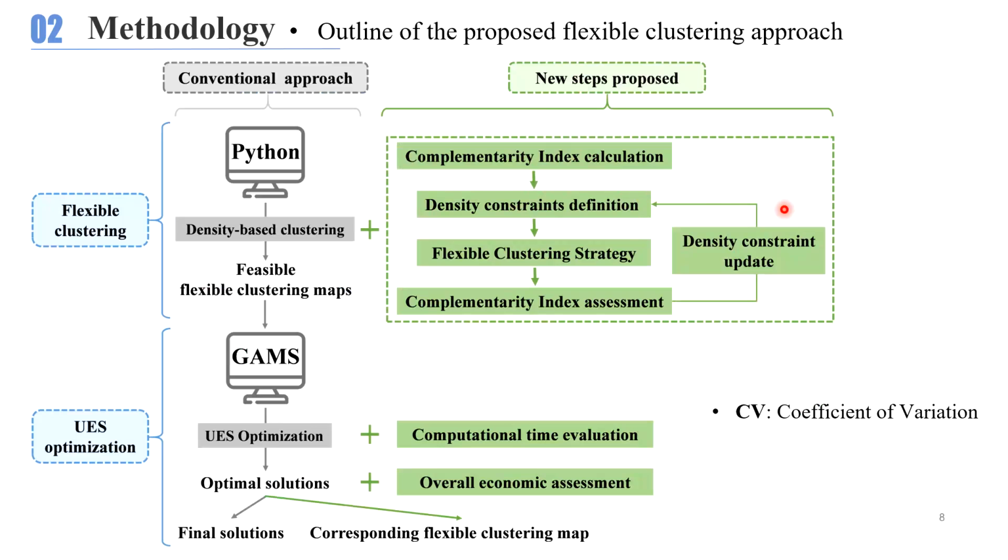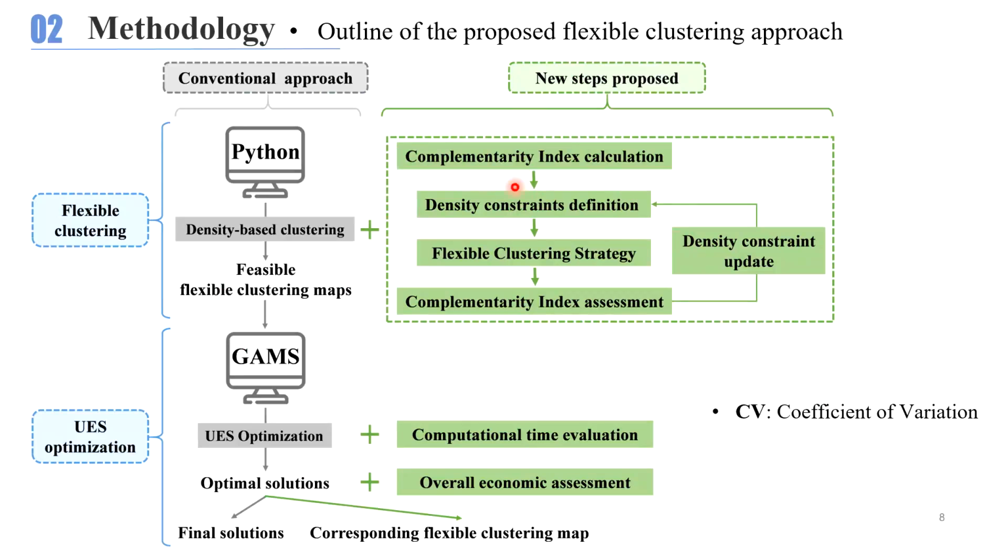And then the UES design optimization module is further applied with both energy hub and distributed mode. And based on the basic clustering map, the flexible clustering process utilizes a feedback loop, considering the distance and demand characteristics at the same time.